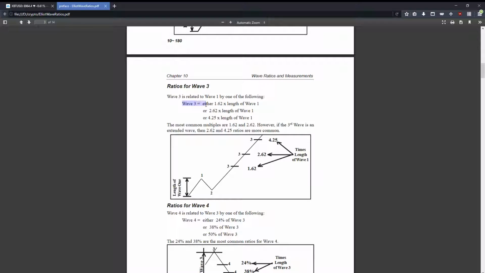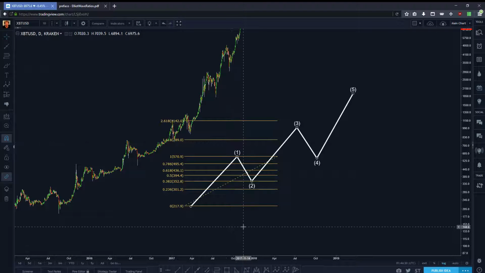Wave 3 is either 1.62 the length of wave 1, 2.62, or 4.25. So we already have a fib drawn for wave 1, and we don't need to move it in this case.